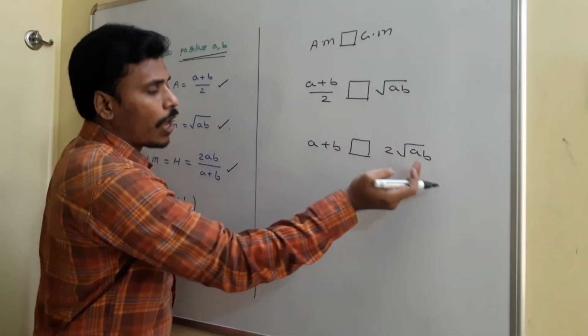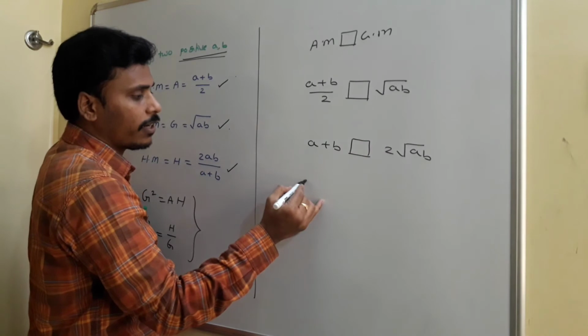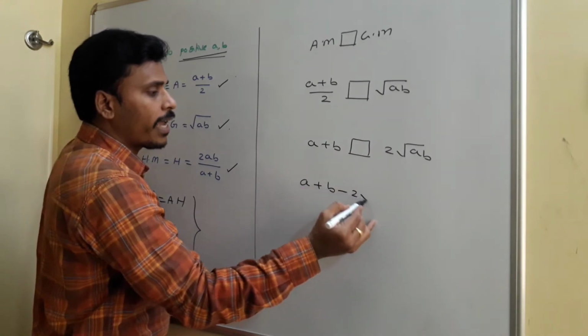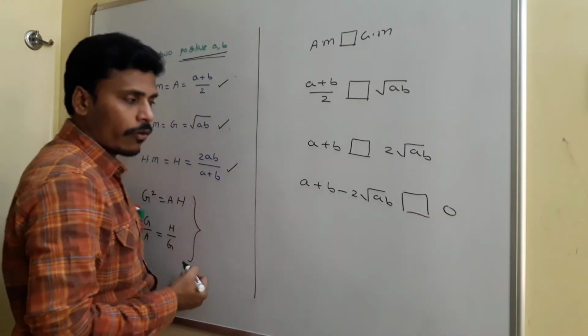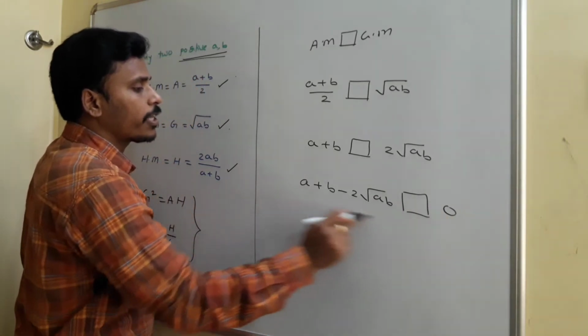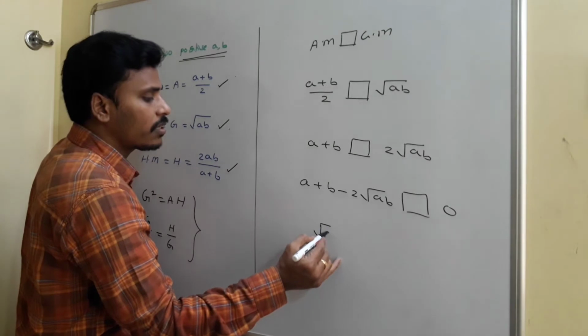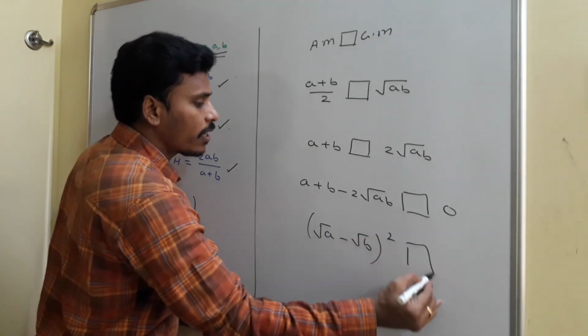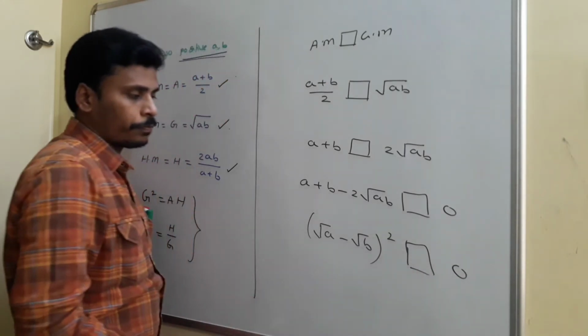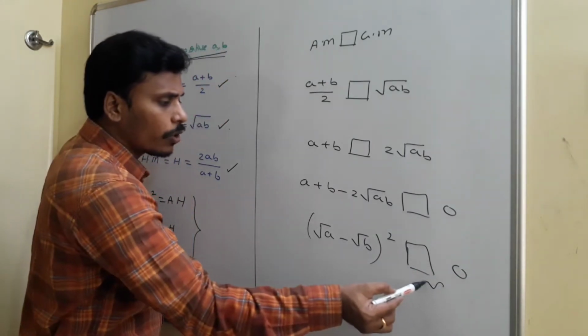In all the cases we can send this 2 root ab to this side. Then a plus b minus 2 root ab, with a certain symbol, 0. Now think about a plus b minus 2 root ab. This is nothing but (root a minus root b) whole square, with a certain symbol, 0. Which symbol can you use here?